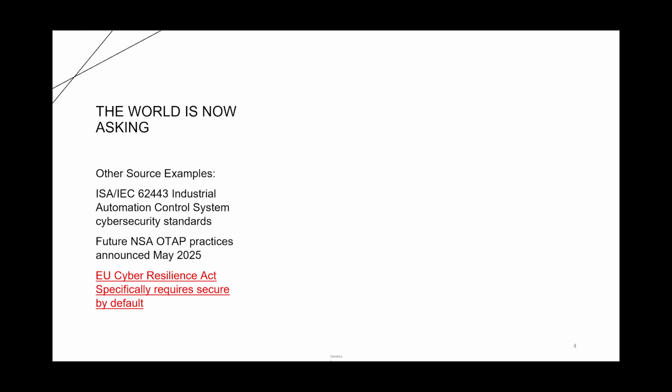So the slides are going to look a little funny because all my graphics disappeared when they transferred from PowerPoint to iOS here. Apologies for that. But what we have right now is a bunch of people coming together, starting to ask questions about secure by default.